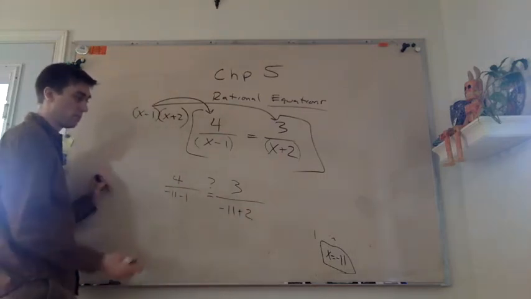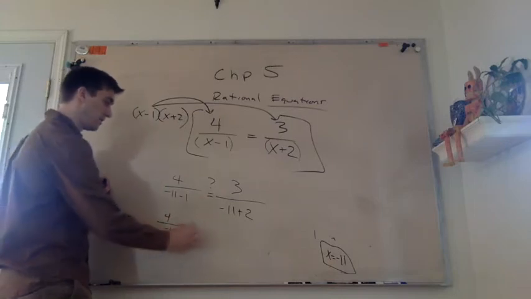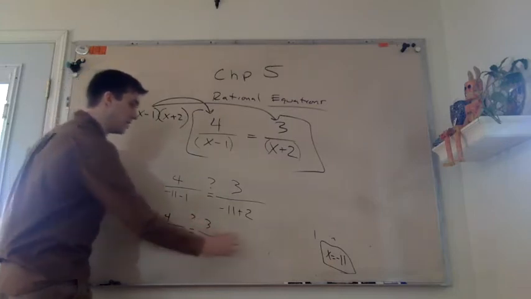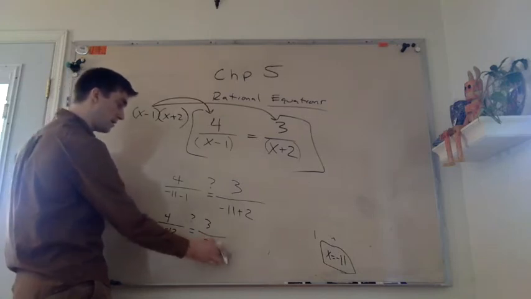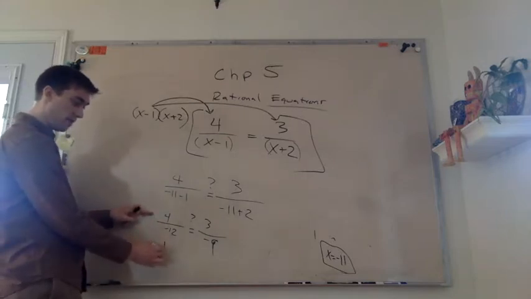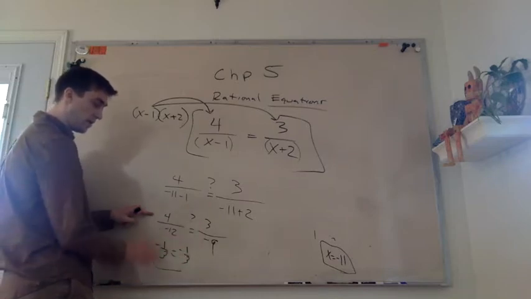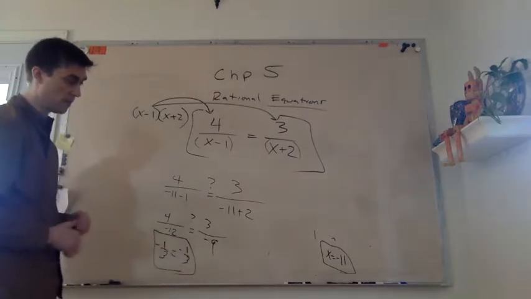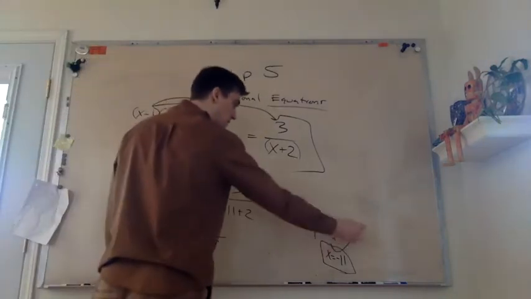Is this true? 4 divided by minus 12, is that equal to 3 divided by minus 9? 4 divided by minus 12 simplifies to negative 1/3. 3 divided by negative 9 simplifies to negative 1/3. They're the same, so negative 11 is right. Awesome. So this works.